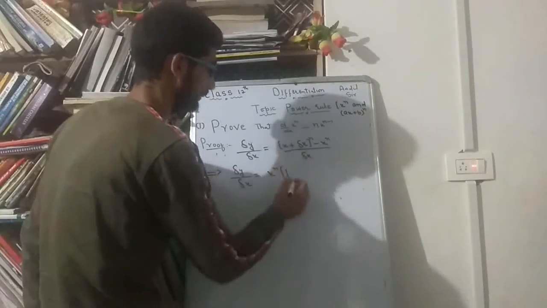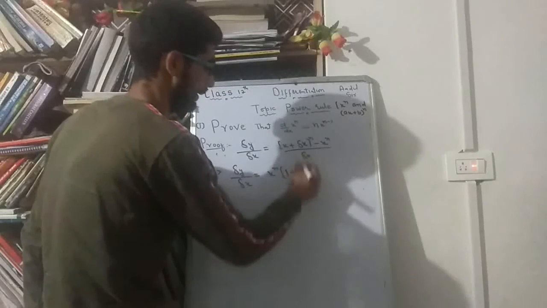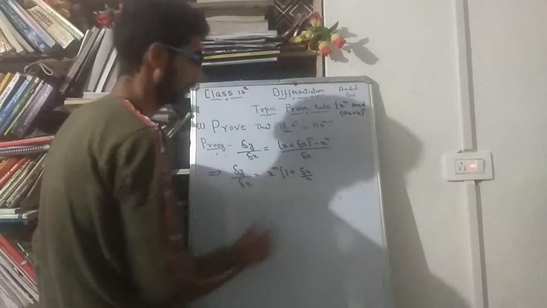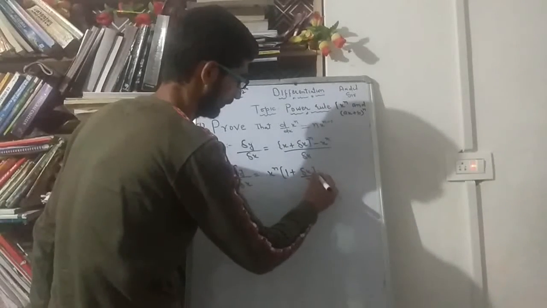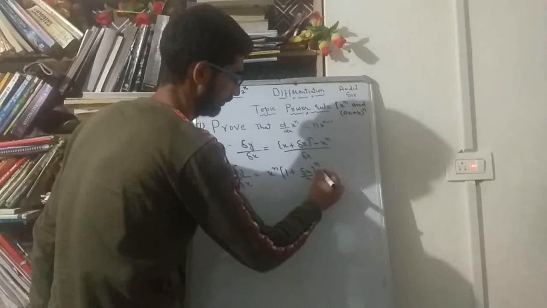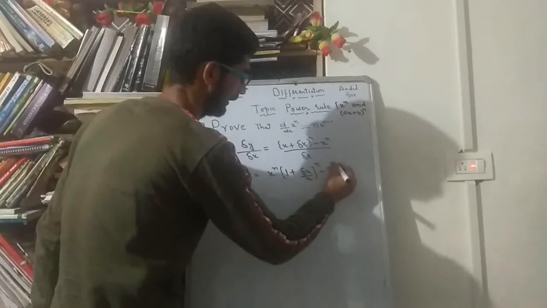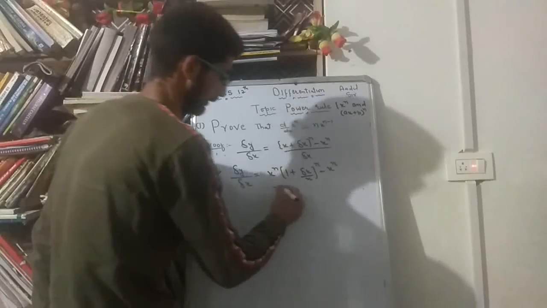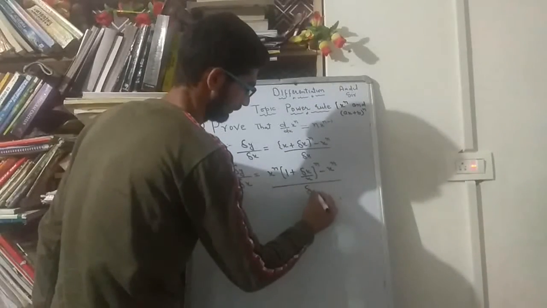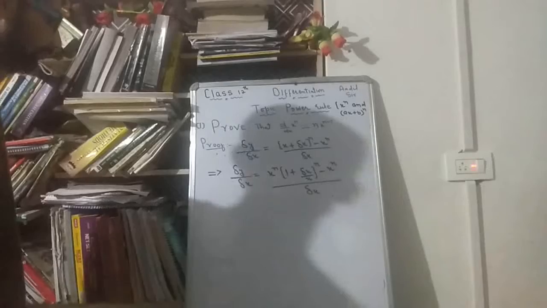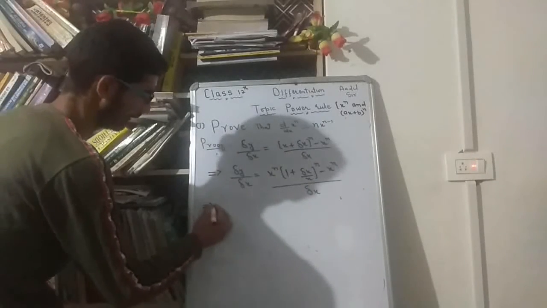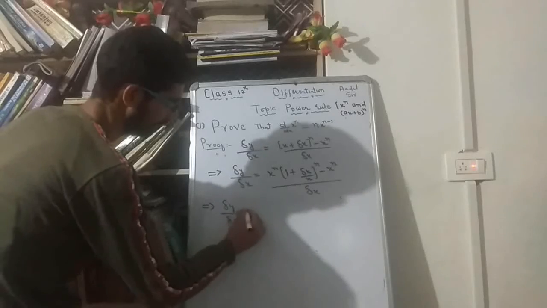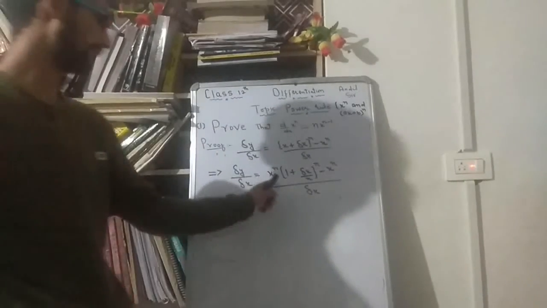Then it will become (1 plus del x divided by x) raised to the power n minus x raised to the power n, and we have here divided by del x.